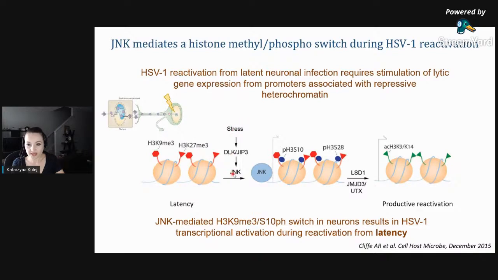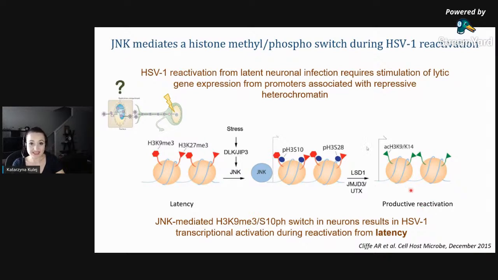And also, under stress, a group of MAP kinases phosphorylates the neighboring residues. This phosphorylation leads to the replacement of the repressive mark with acetylations. And of course, these acetylations lead to a productive reactivation and then viral gene expression.